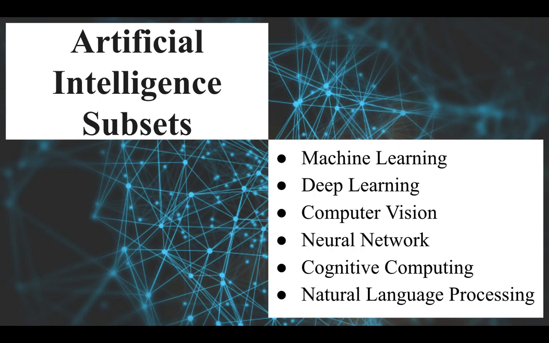Similar to the other subfields in artificial intelligence, cognitive computing uses self-learning algorithms that require a ton of structured or unstructured data. The data is fed to a machine learning algorithm that can learn patterns in the data.